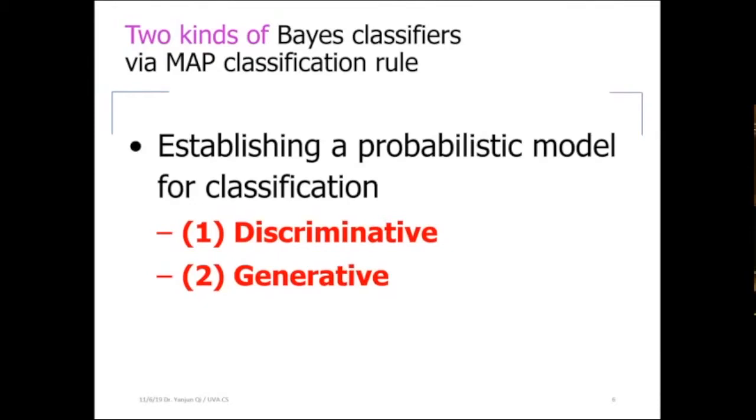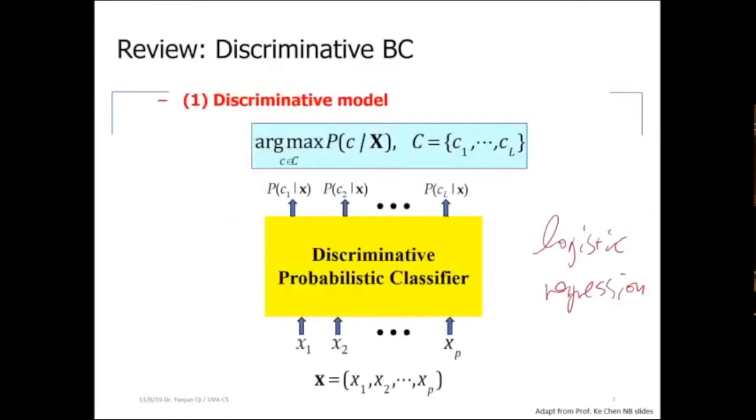There are two bigger kinds, and we can separate Bayes classifiers into discriminative Bayes classifiers and generative Bayes classifiers. The difference is that discriminative classifiers directly model P(C | x). Your input is x1 to xp, and your model directly gives you this conditional probability of C given x. Multi-class logistic regression, or logistic regression for the binary case, models exactly this. If you still remember the multi-class case, it's the softmax function, right?